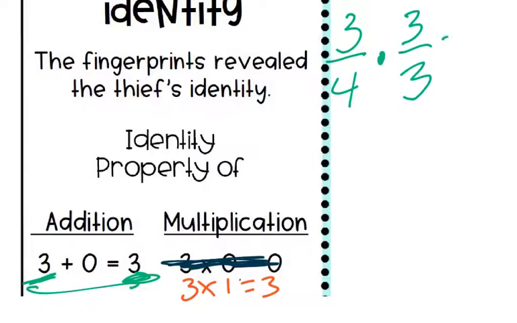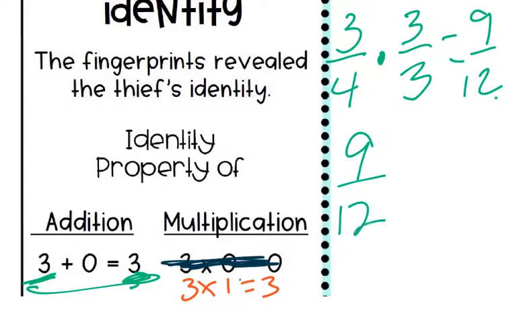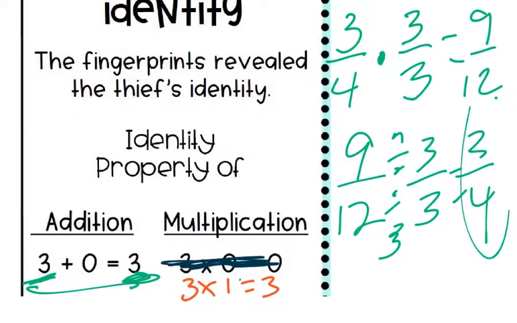Yes. And I will get 3 times 3 is 9, 3 times 4 is 12, 9/12. So I just use identity property to make an equivalent fraction or ratio, okay? Same if I reduce this, if I divide by 3 over 3 to make simplest form, I'm using identity property to do so, okay?